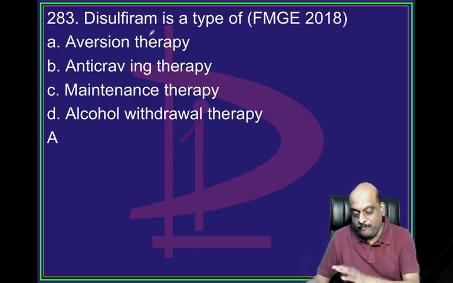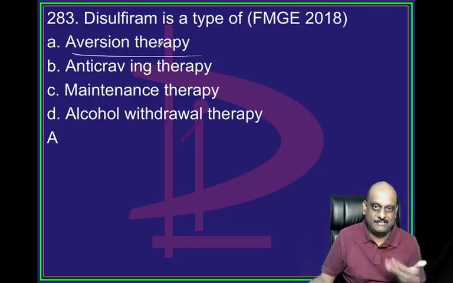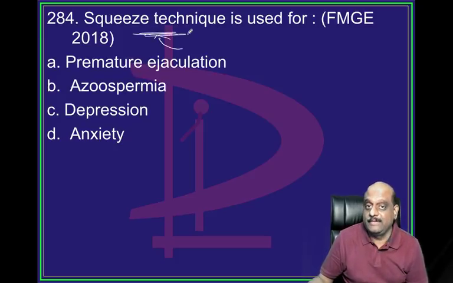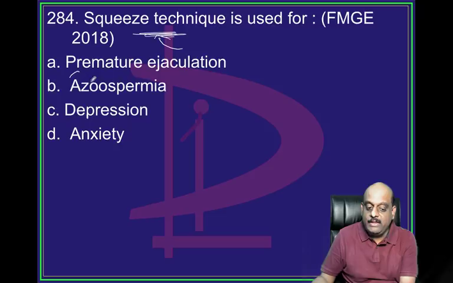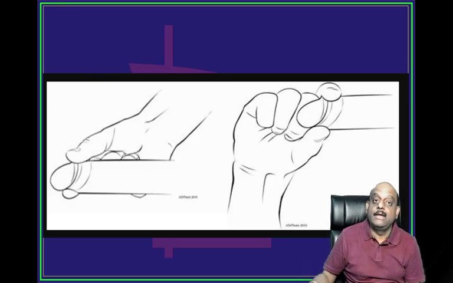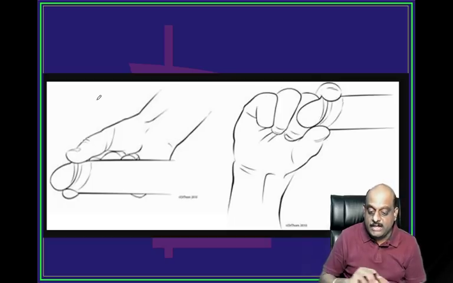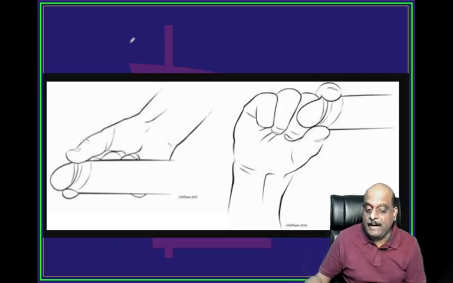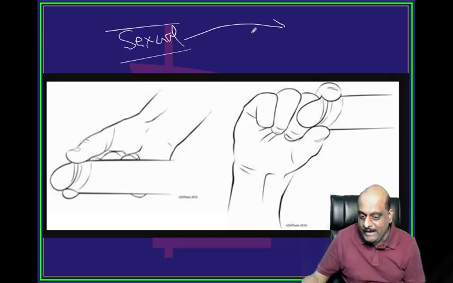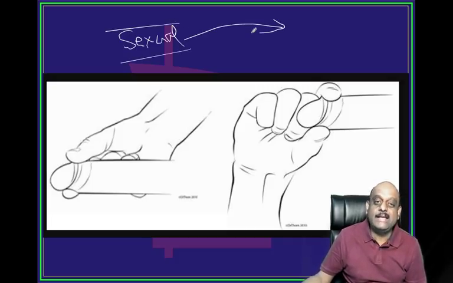Disulfiram is a type of what? Aversion therapy. Aversion. Squeeze technique. Where do we use, doctor? When there is any premature ejaculation. So what happens? The person instructs his sexual partner that I am quickly reaching the ejaculation point and I am getting orgasm.